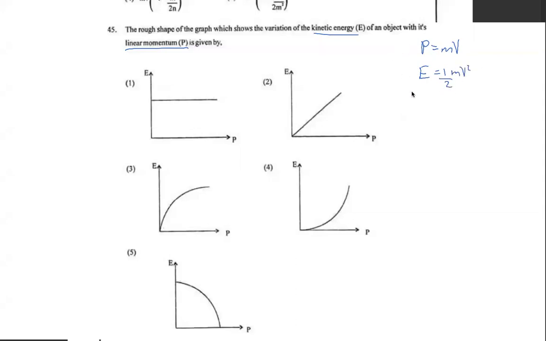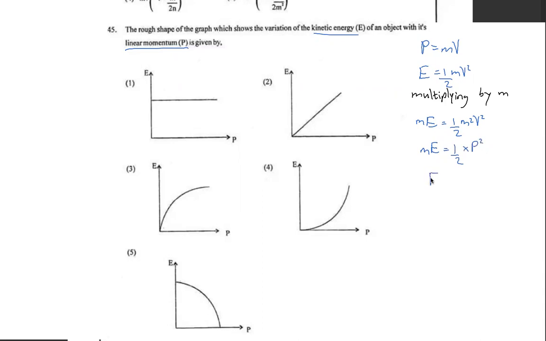Multiplying either side by m, on the left side I'm getting mE, on the right side I'll be getting half m squared v squared. The reason for doing that is I'm getting momentum on the right side, see, p squared. So mE equals half into p squared.